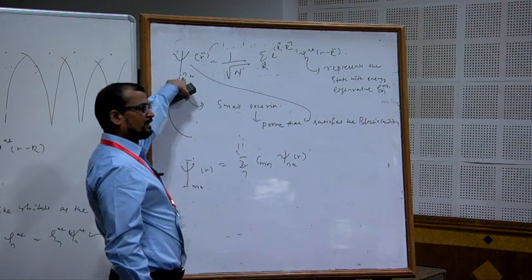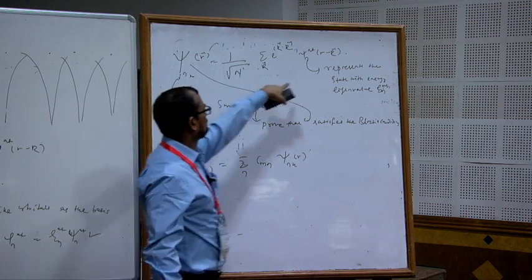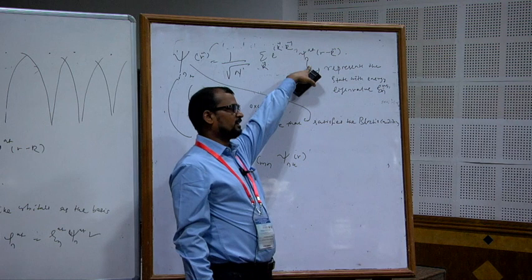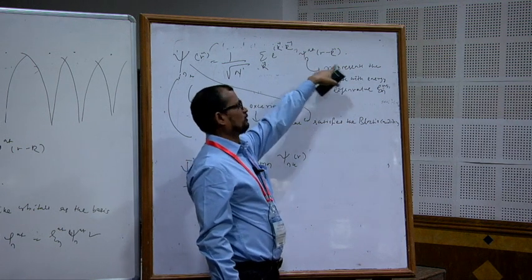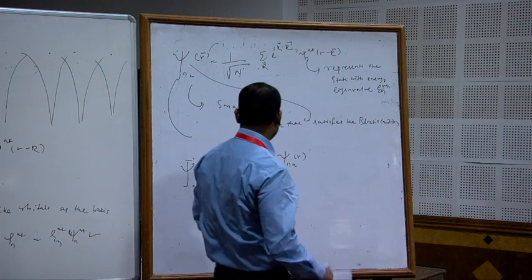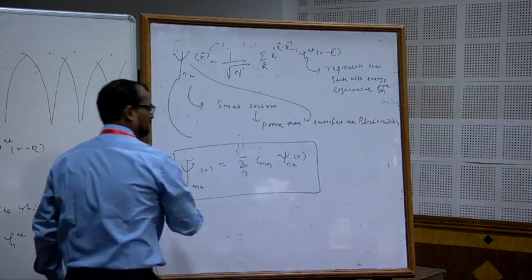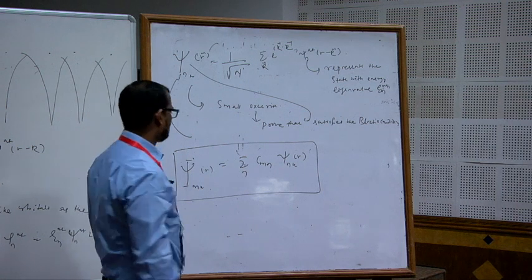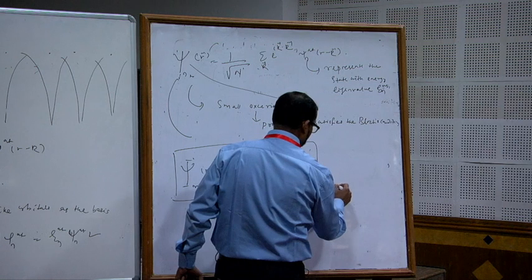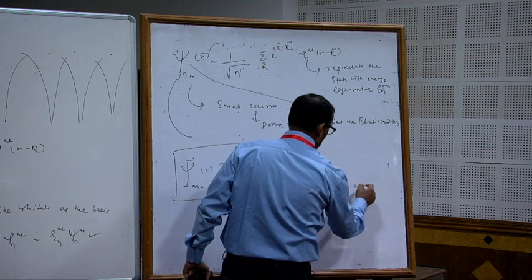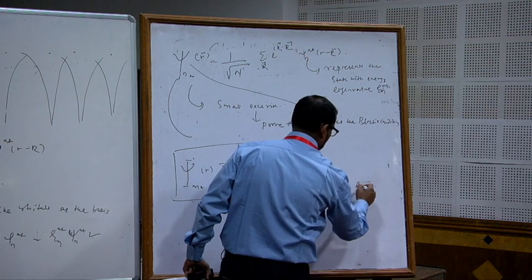So I created one psi n k r which satisfies the Bloch condition corresponding to the atomic eigenstate psi n atomic. Then I created the most generalized wave function out of these atomic-like orbitals. It's a localized basis.